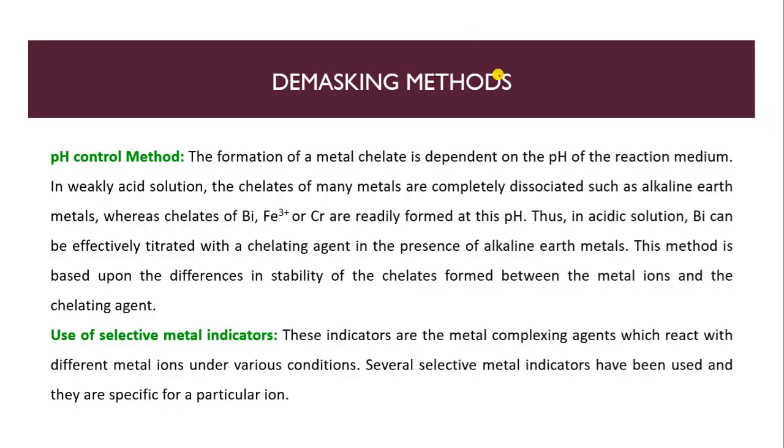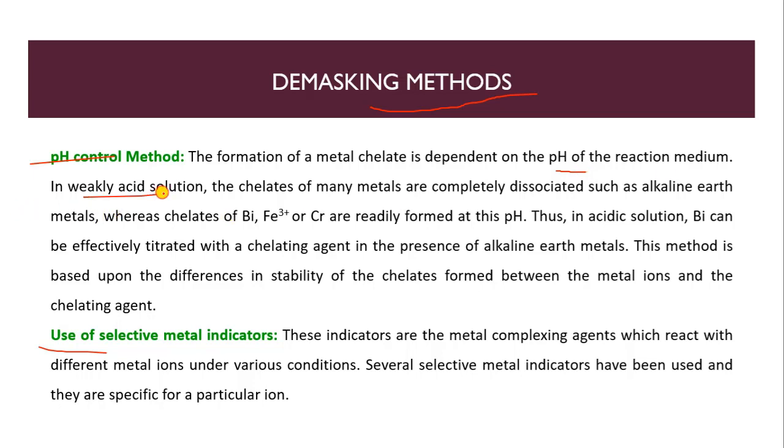Now we will see the demasking methods. The commonly used methods are the pH control method as well as the use of selective metal indicators. So what is the pH control method? The formation of a metal chelate depends, obviously, on the pH of the reaction medium.